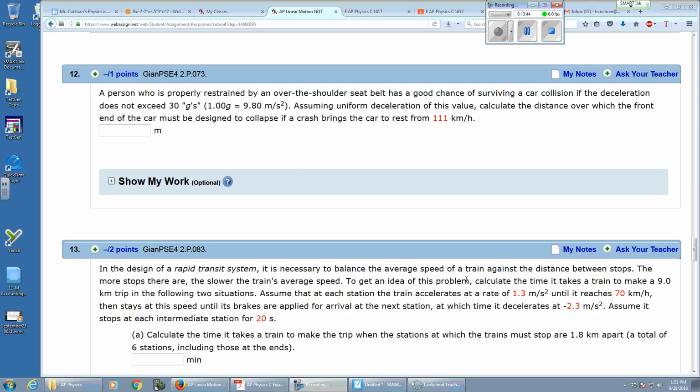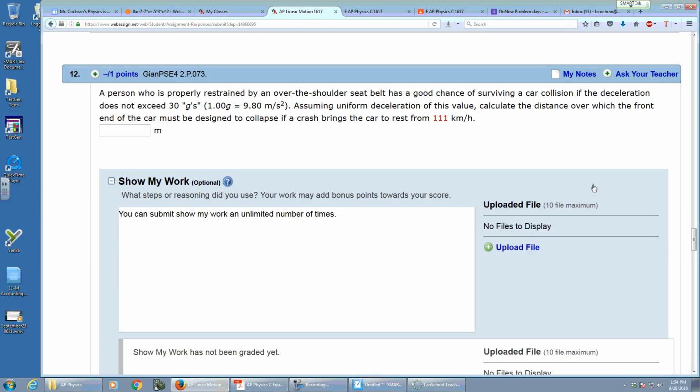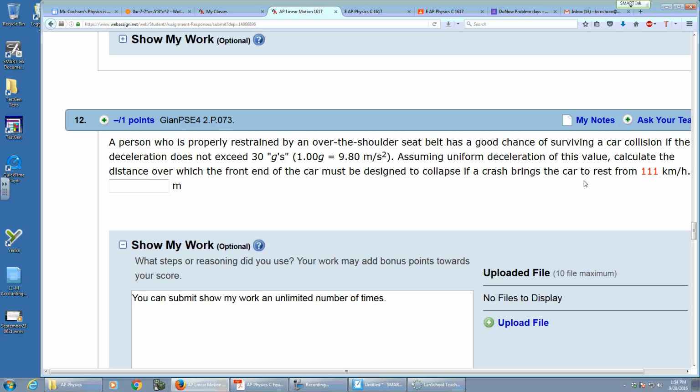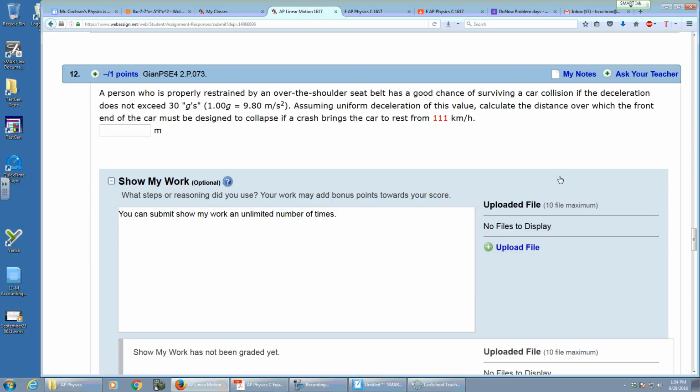All right, so we're going to look at number 12, looking at a seatbelt. 30 G's, 1 G being that.